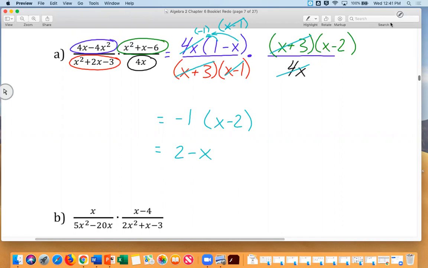Do you guys see that? Do you see the importance of factoring first and reducing first, then multiplying it out? Look at the difference of our 2 problems, right? I got to a point I was not quite sure where to go from here. Whereas this whole thing boiled down to just 2 minus x. You okay with that? All right.